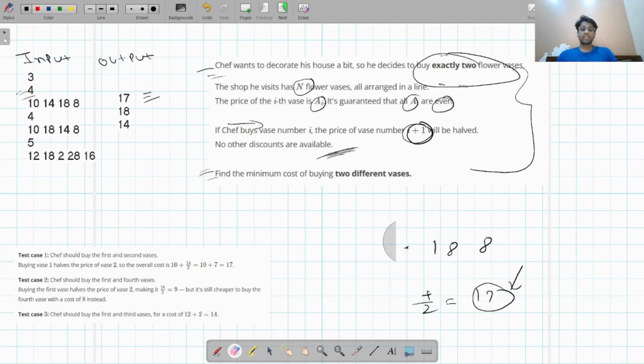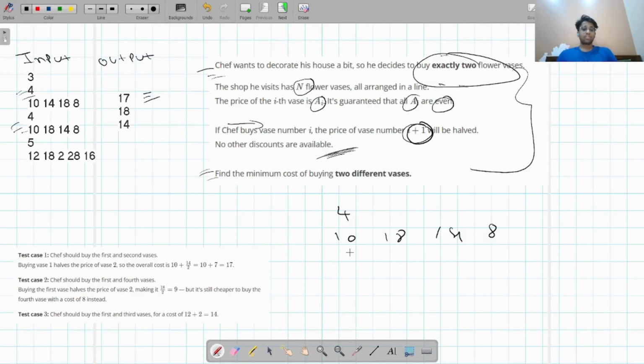Now let's take another test case. In the second test case, you have again got four vases, which cost 10, 18, 14, and 8. Chef should buy the first and fourth vases.